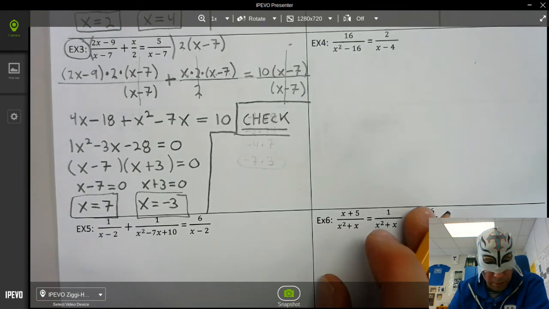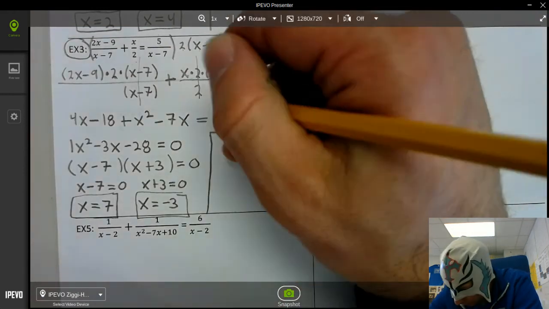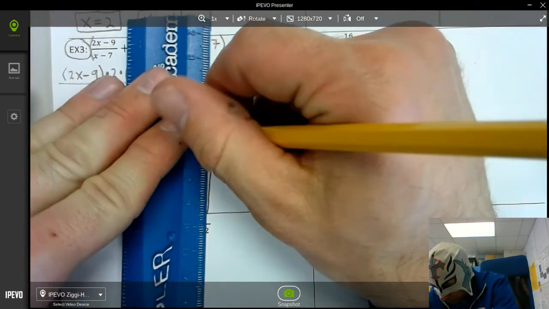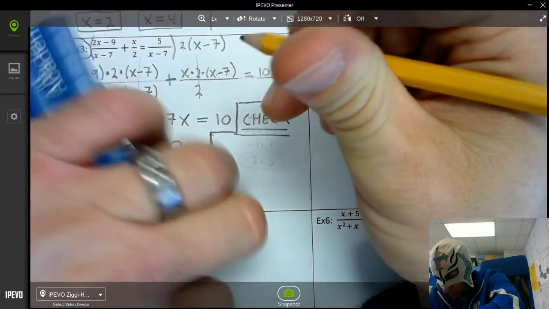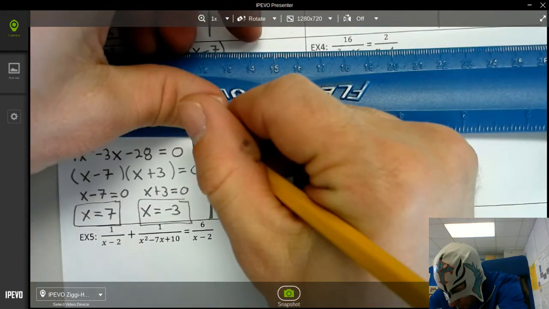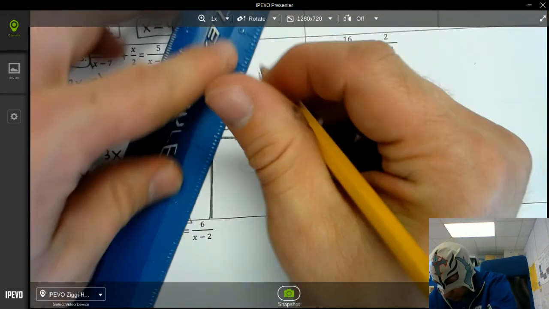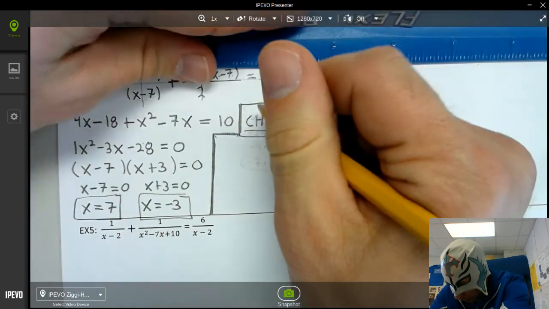All right, so let's check x equals 7 first. Let me straighten these lines out. Sorry if the lines aren't perfect here.